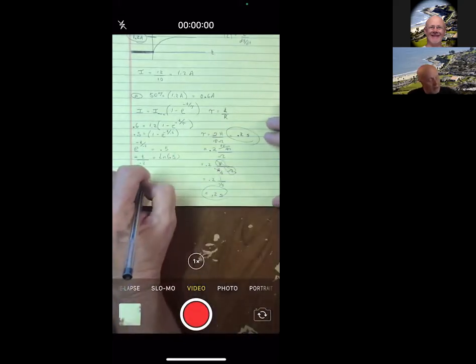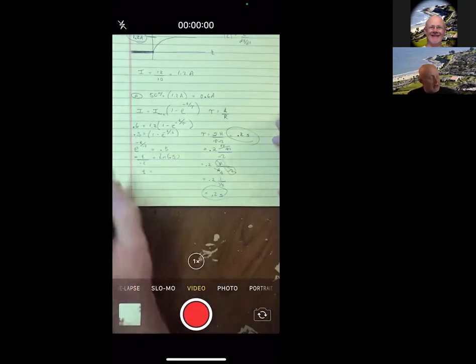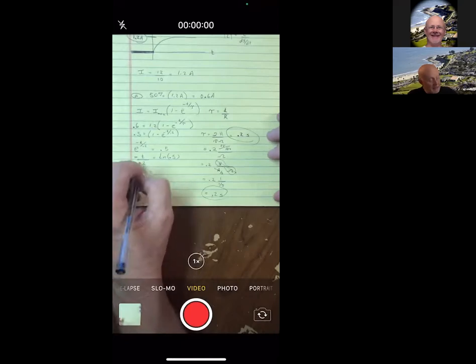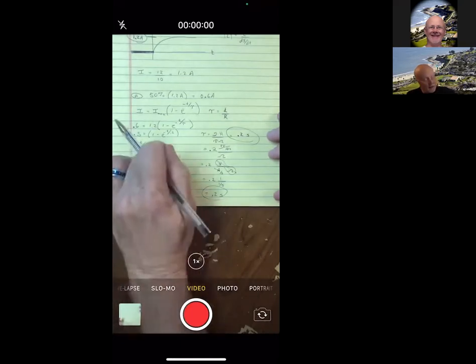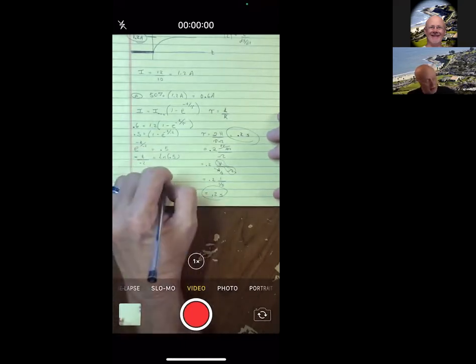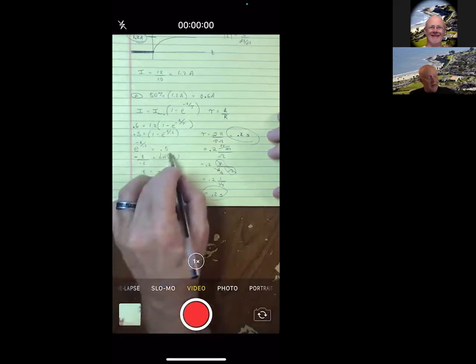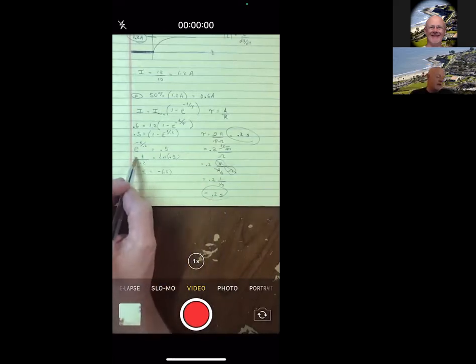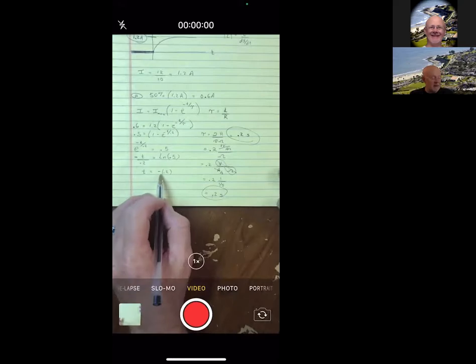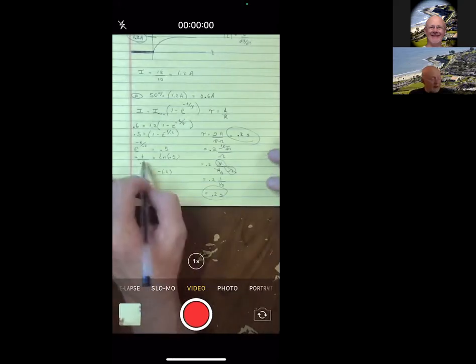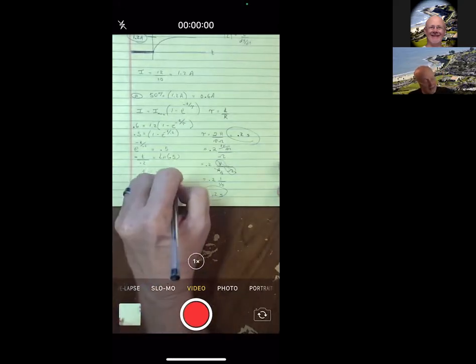Ultimately, we get an equation for time. I'll bring the negative to the other side, which would go on the bottom, but a negative on the bottom is the same as a negative on the top, so I'll just bring it to the top. The 0.2 I also bring up to the top, and then the natural log of 0.5.